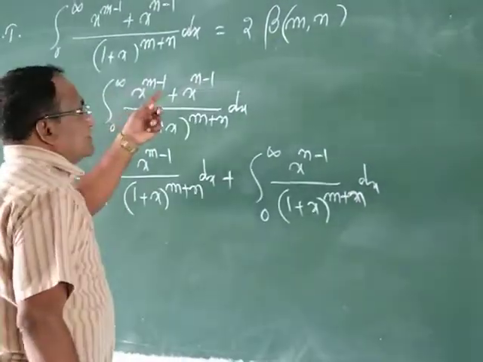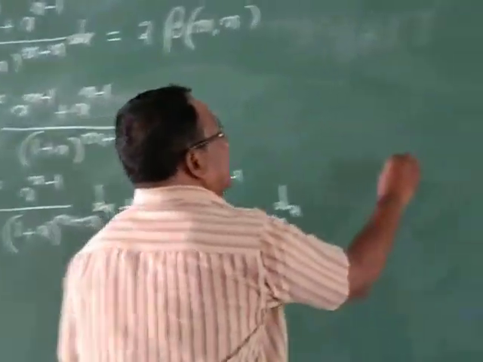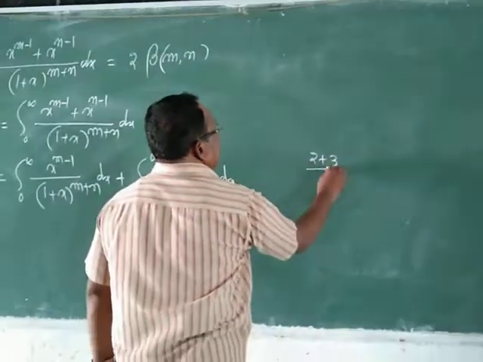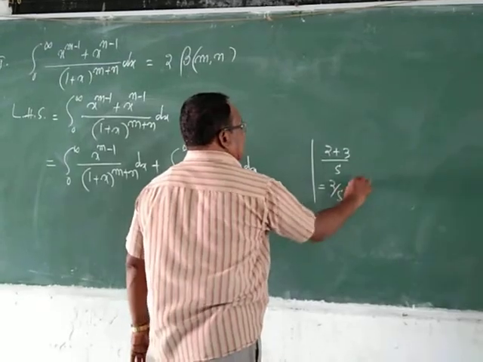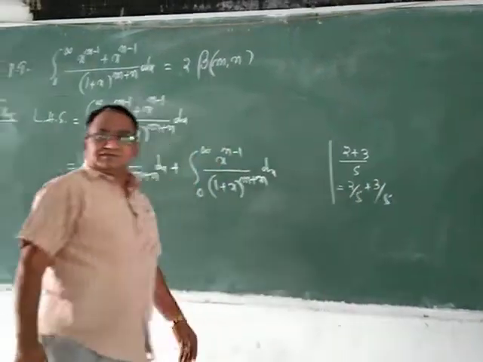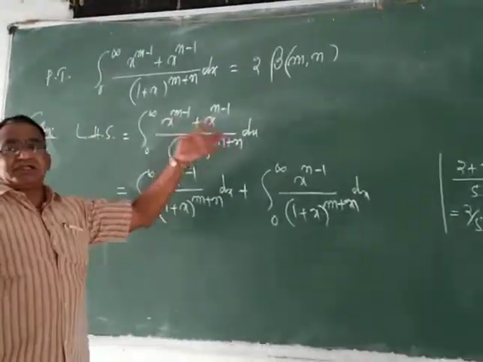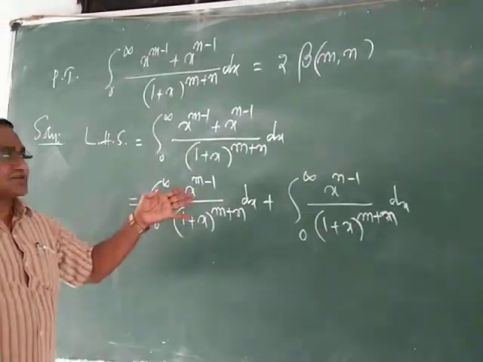This is because a fraction of the type (2 plus 3) divided by 5 may be written as 2 by 5 plus 3 by 5. Using this, you can split this as the sum of two integrals.